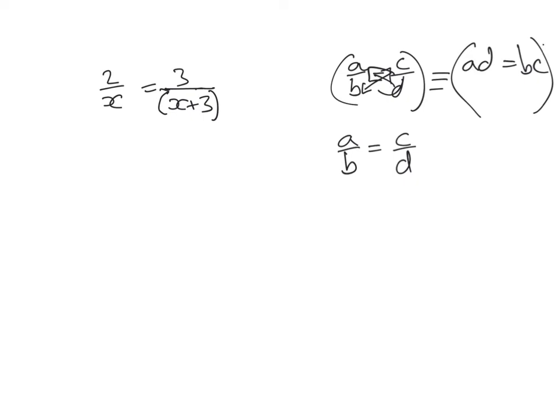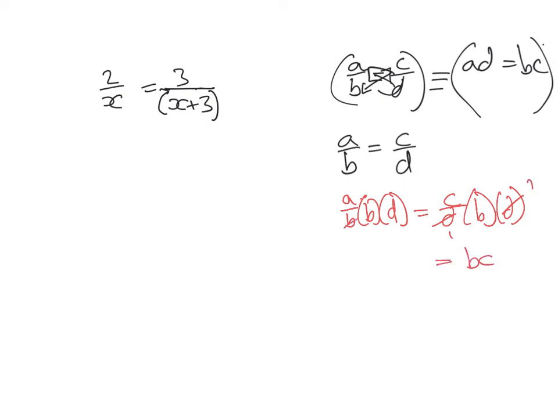We're actually going A over B times B times D equals C over D times B times D. Okay, and in this case, the D's cancel out, which leaves you with BC, and here, the B's cancel out, leaving you with AD. Okay, so that's the longhand. But once you understand the longhand, you can just refer to it as cross-multiplying. And either of these forms can be transferred into their opposite.